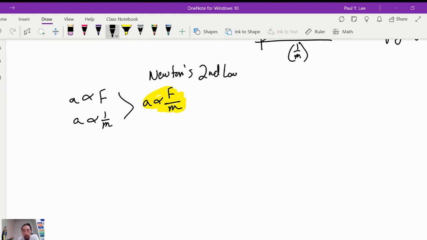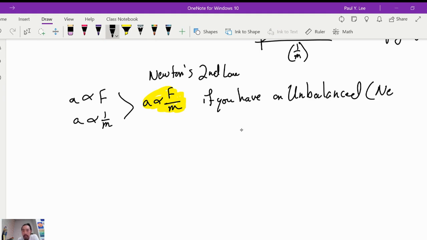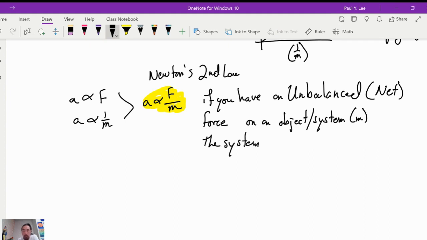second law, which states that if you have an unbalanced force, and this word unbalanced, you might read it as net or total, on an object or system, by the way, the object or system is the M in the formula, the system will accelerate, and that is just the A. So if you have an unbalanced force on an object or a system, the system or object will accelerate.